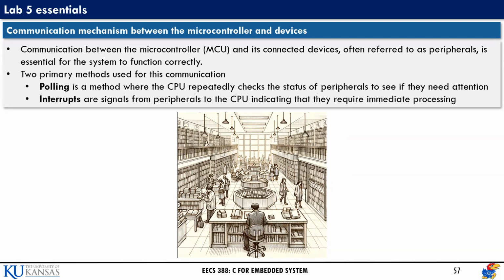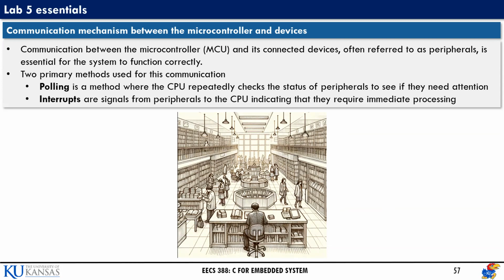So it is asking you to help on some tasks, and after helping on that peripheral device, you can get back to your own work. These two concepts you can easily understand through an analogy.